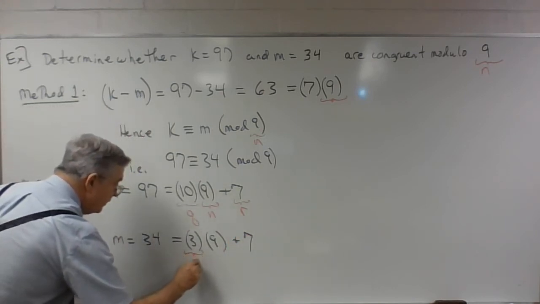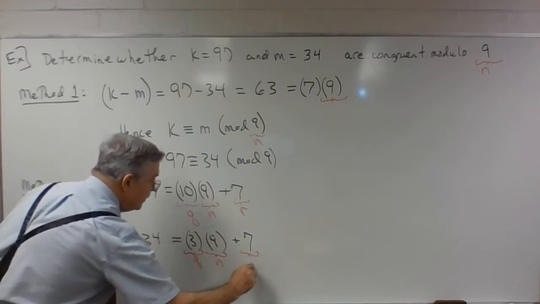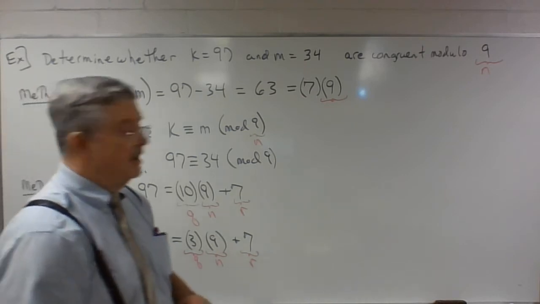So here's our q, here's our n, here's our remainder. k and m both have the same remainder when divided by 9.